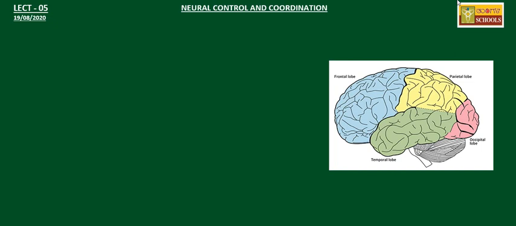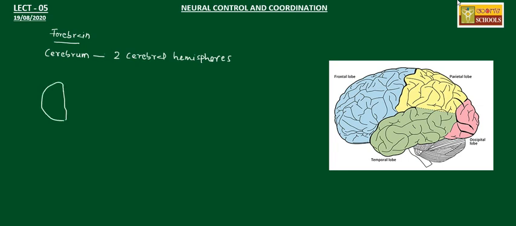Now let's see about forebrain. I told that under the forebrain, we will see especially about this cerebrum, which forms the largest portion of the total brain. This cerebrum has two equal halves. They are called cerebral hemispheres. So here you can see, this is one half of the cerebrum, and this is another half.